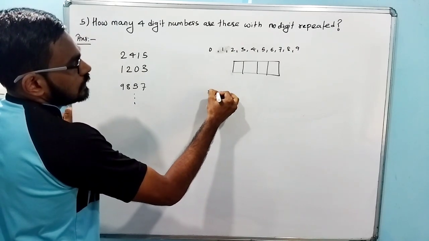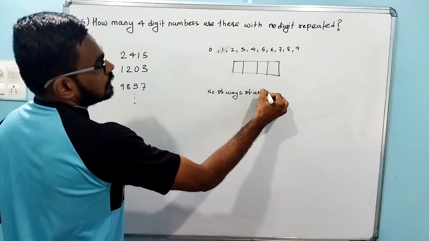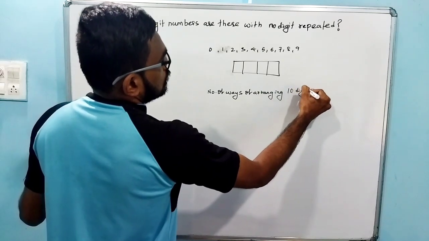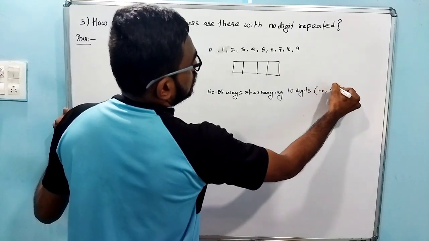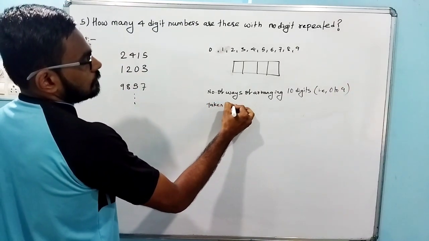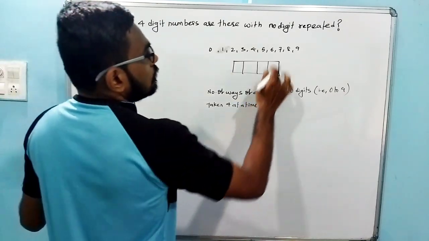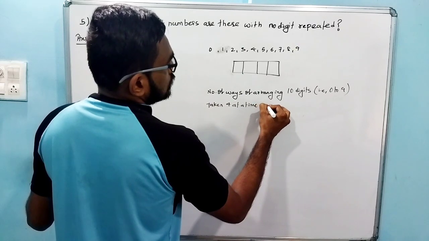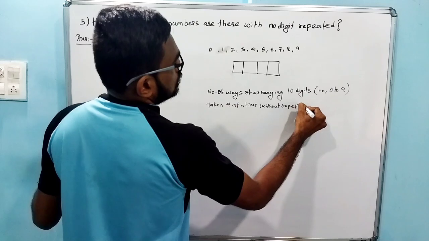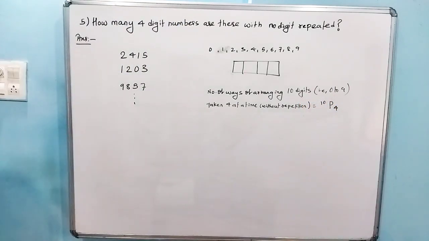So the number of ways of arranging 10 digits, that is 0 to 9, taken 4 at a time, and obviously it is without repetition, is equal to 10P4.